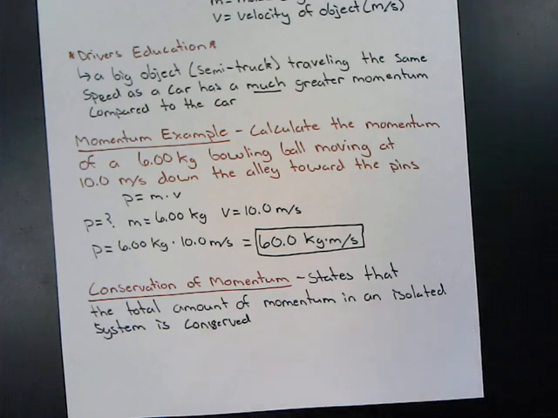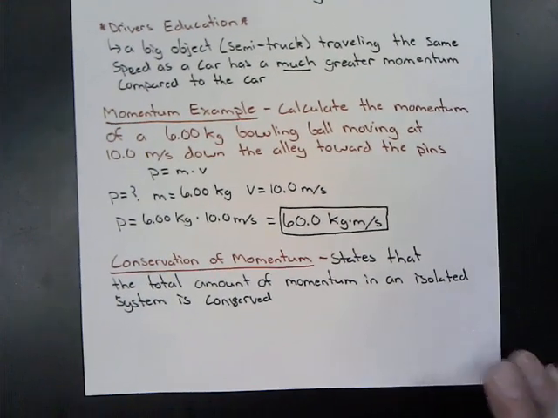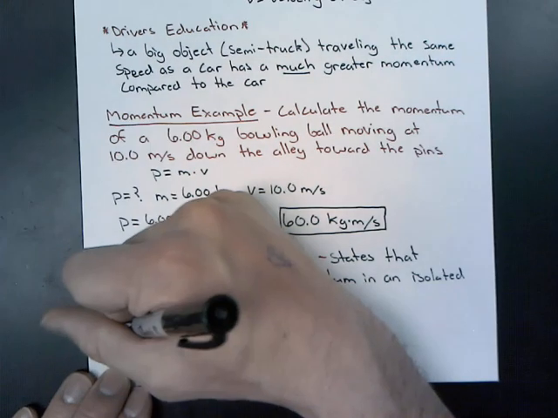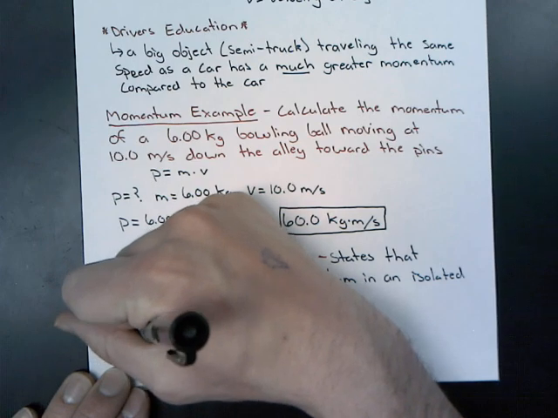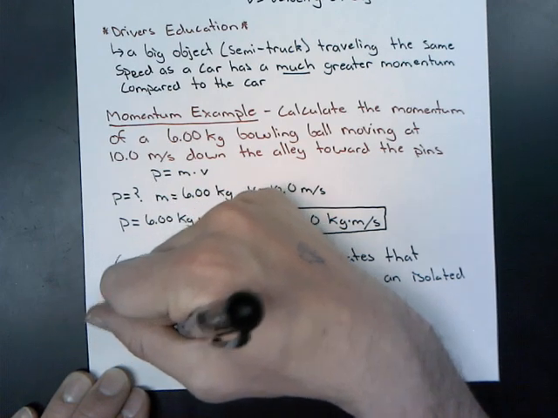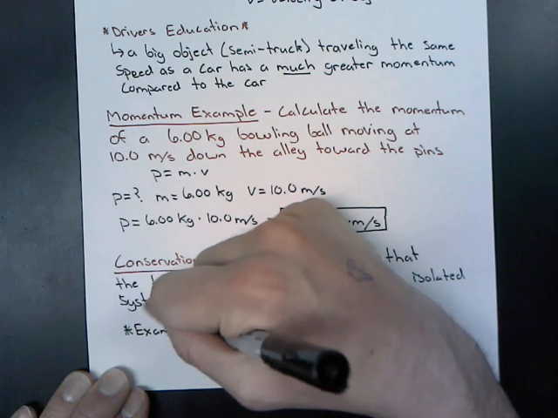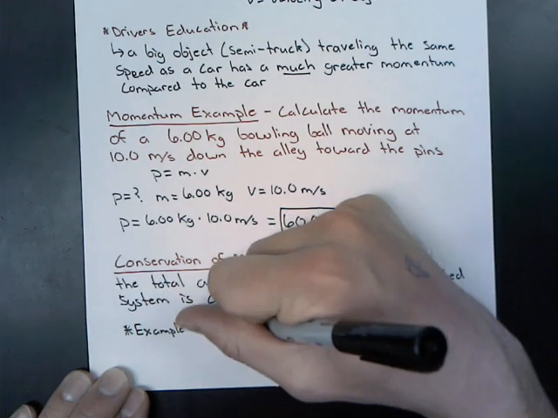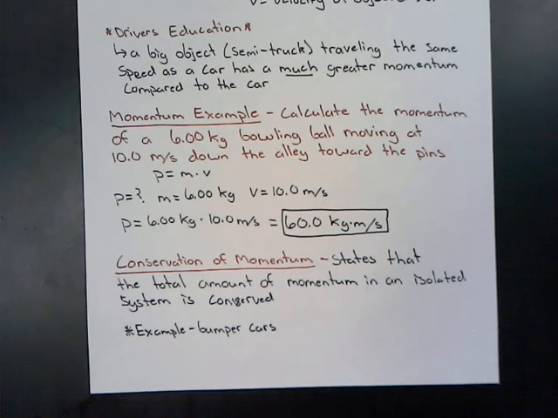But when we think about conservation of momentum, the easiest way to think about this, or the best example, is bumper cars. If you're ever at a fair, or you ever go to a place with bumper cars, when you get in that car and you try to drive into the side of your buddy who's relatively the same size, same mass, what's going to happen here?